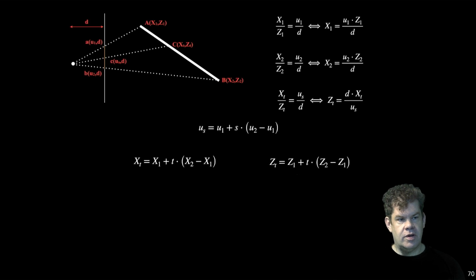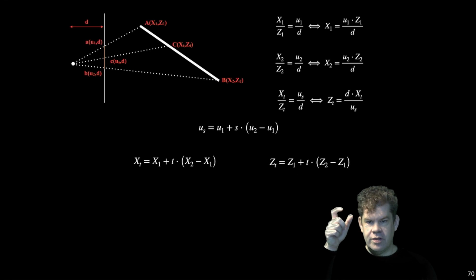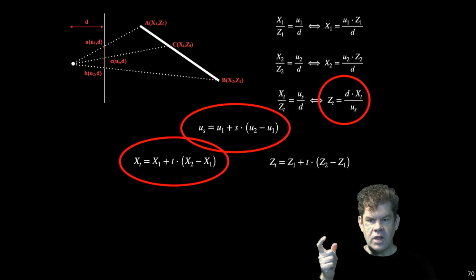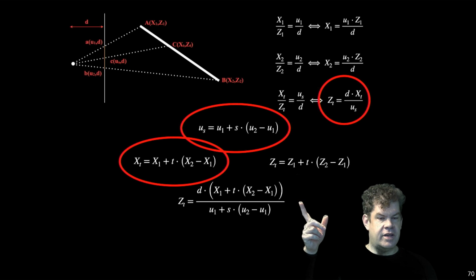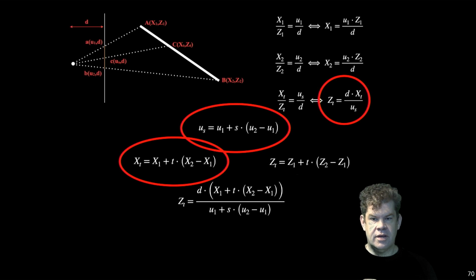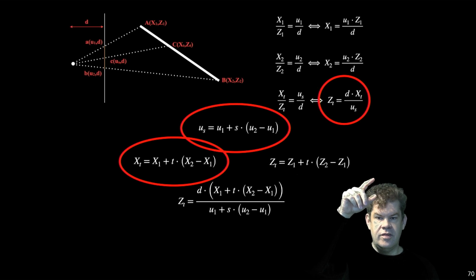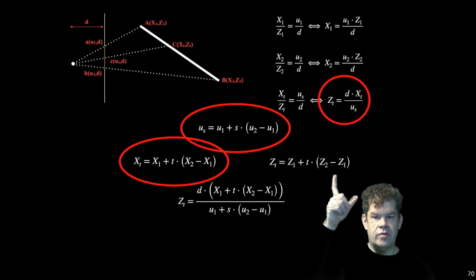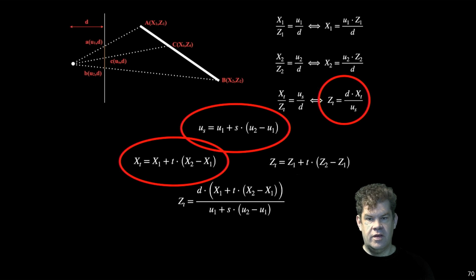The first thing I want to do is take these three equations and plug one into the other. I took the z term, which relates x to z, d and u, and I took this x equation and the ray equation at the top to express u, then plugged this all together and solved it for z.